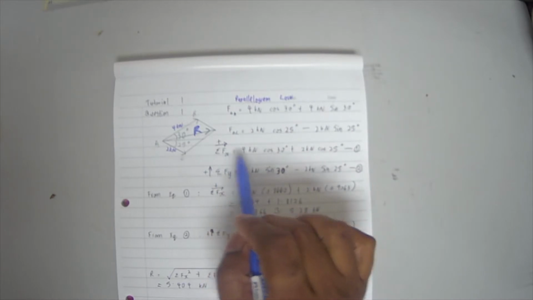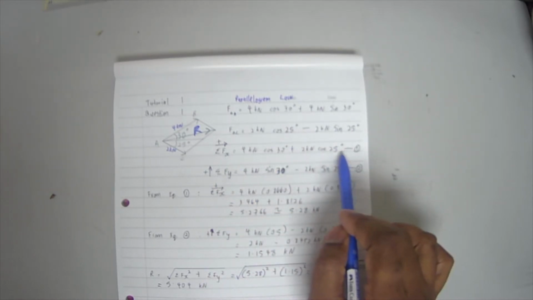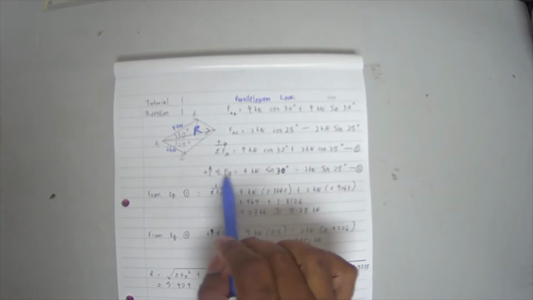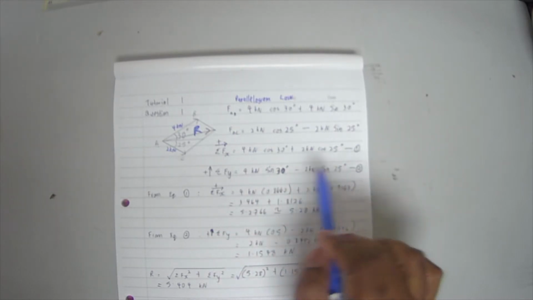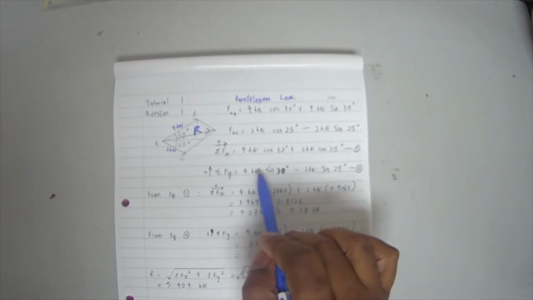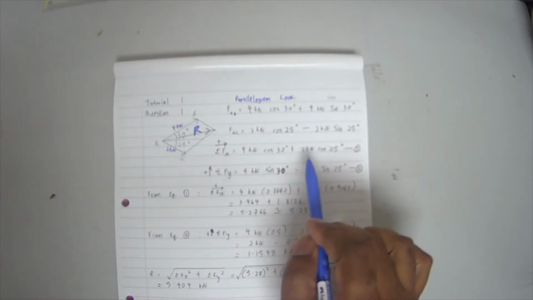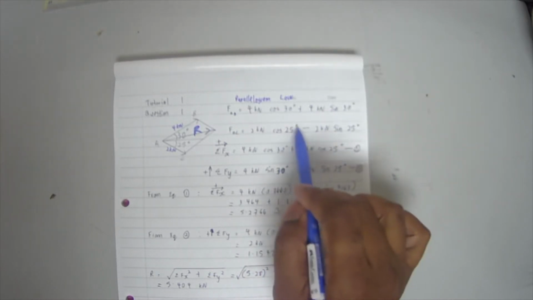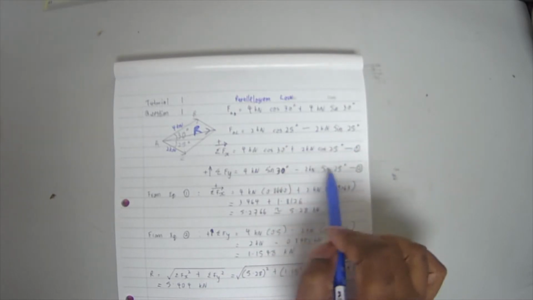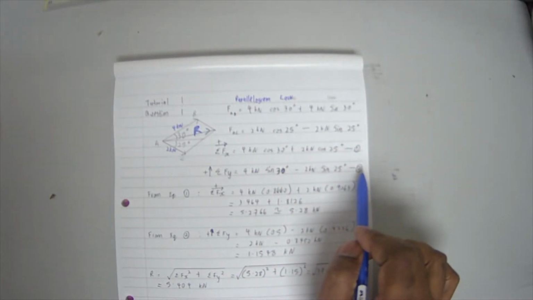Along the x-axis, this one is FAB and this one is FAC, and this is equation number 1. For the y-axis, FAB y-axis and FAC y-axis, minus 2 kilonewton sin 25, we write as equation number 2.